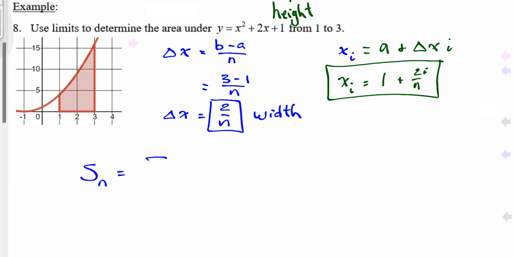So I'll have the sum from i equals 1 to n of f of xi, I guess I'll just stick it in as in the formula for now, times the delta x.